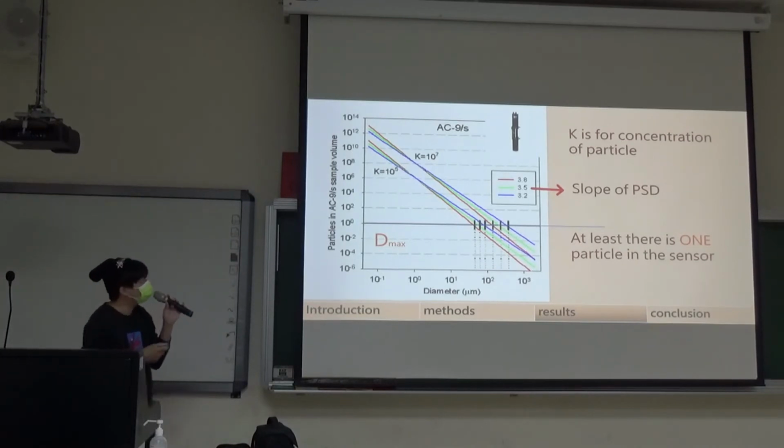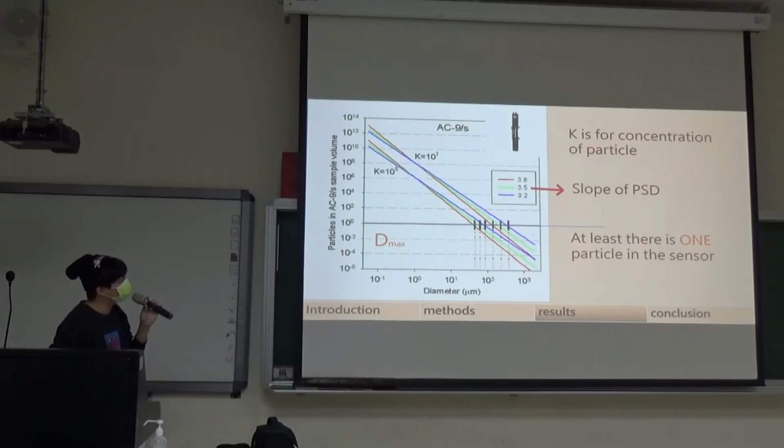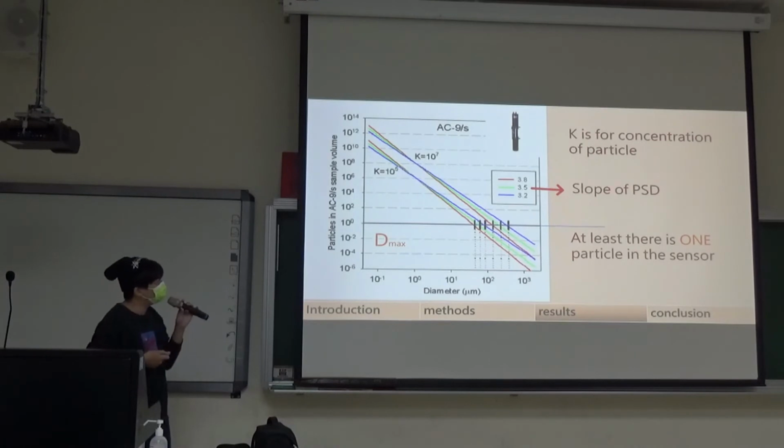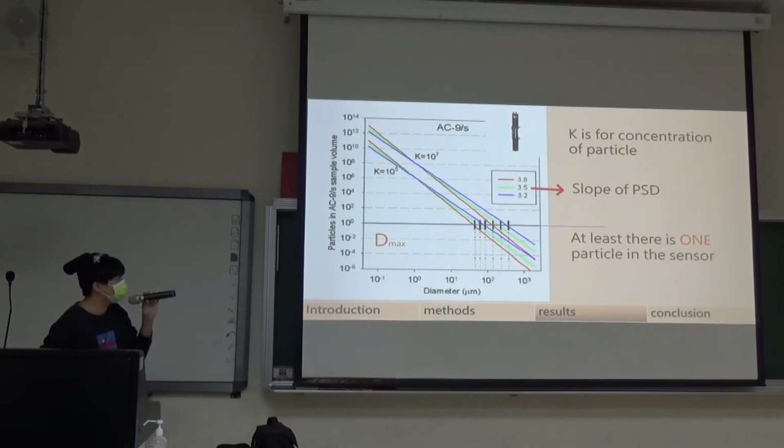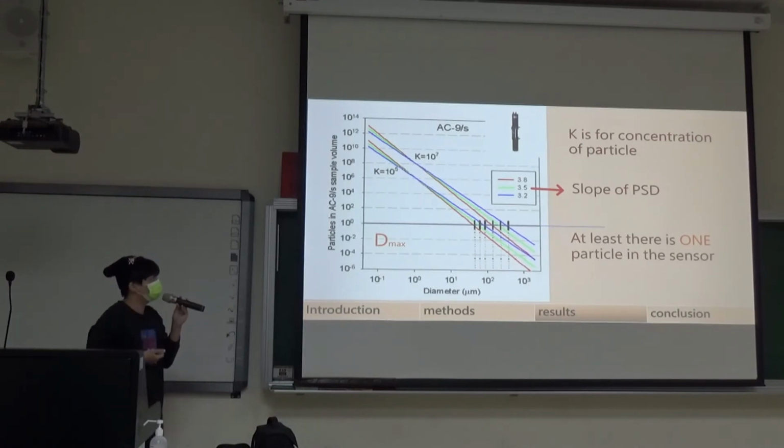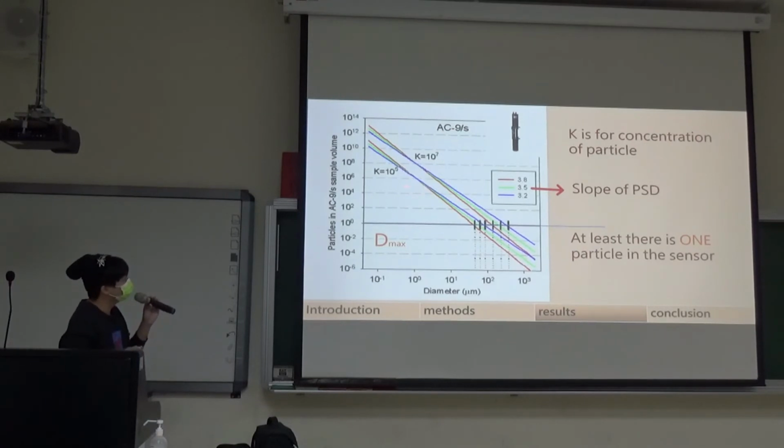K is the concentration of particles, and there is the slope of the PSD we talked about in the introduction. When the concentration gets lower and reaches this line, this line means there is only at least one particle in the volume sample. This one particle size we call the Dmax.